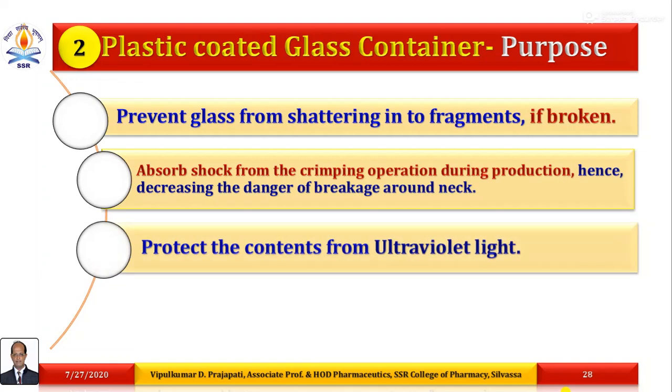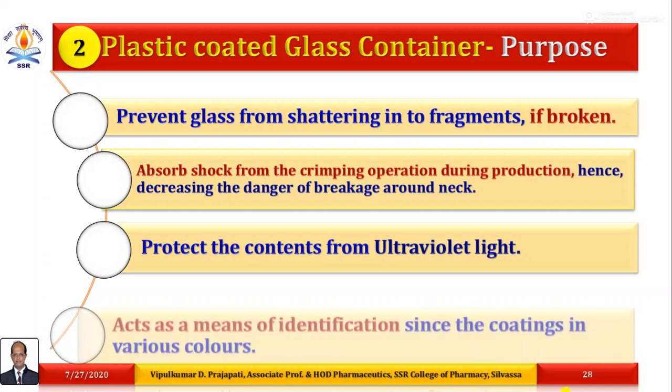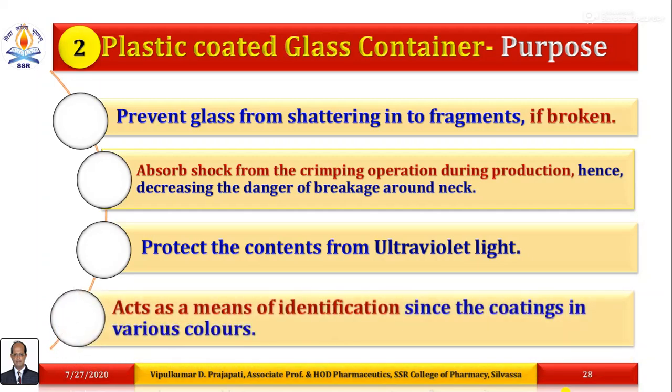Protect the contents from ultraviolet light, and they act as a means of identification since the coatings come in various colors. So these are the few purposes of plastic coated glass containers in pharmaceutical aerosols.